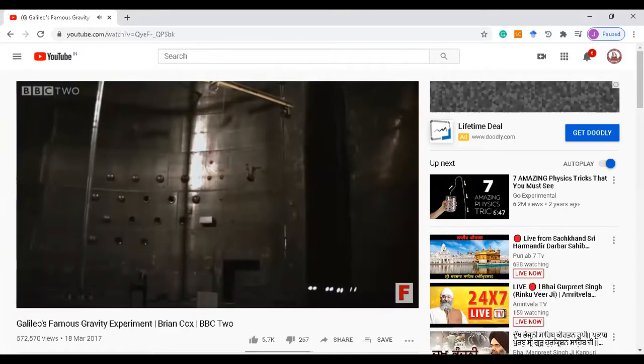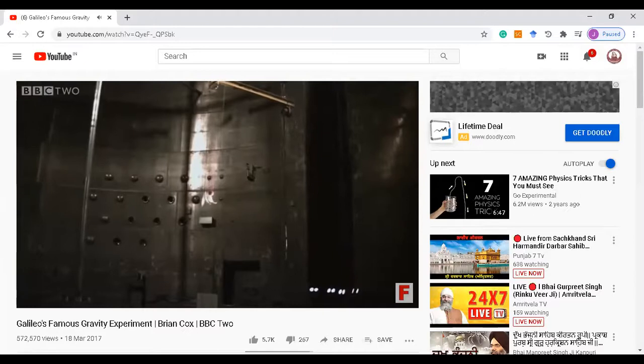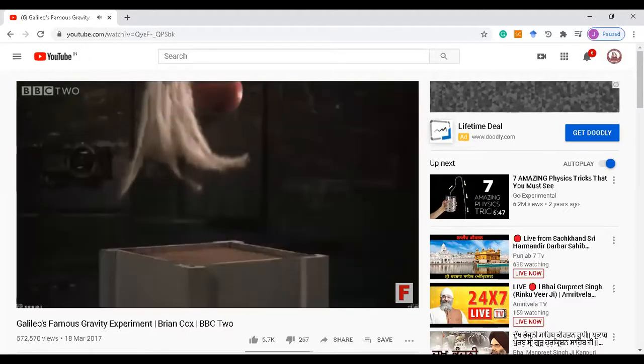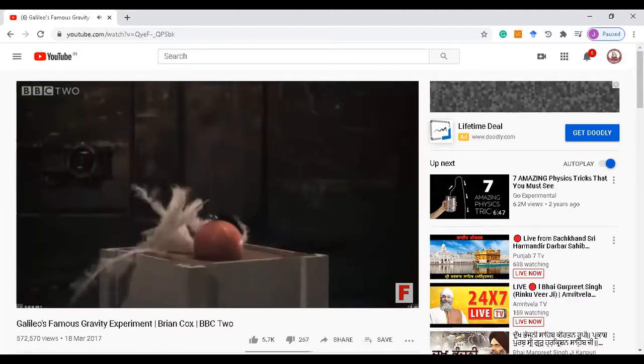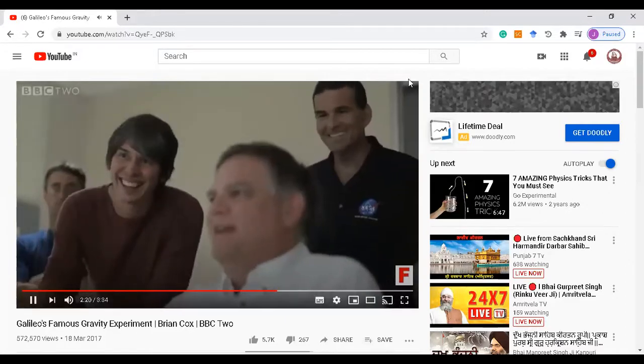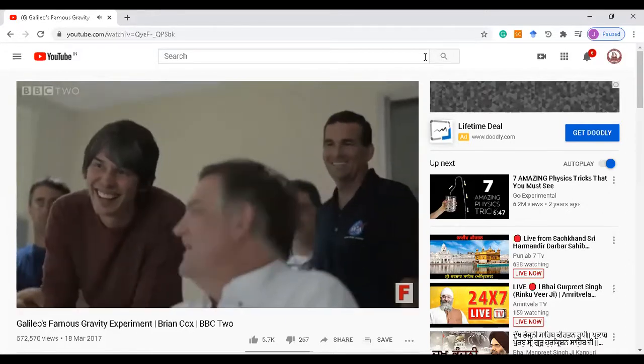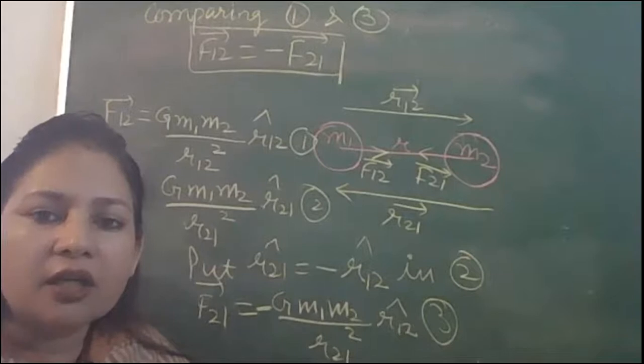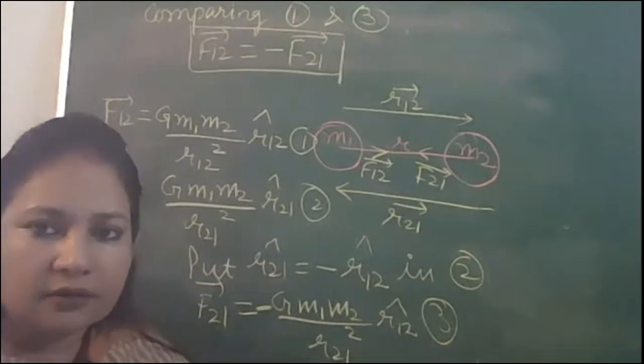This shows that acceleration due to gravity does not depend upon the mass of the falling object. Let us see. Yes, they fall simultaneously. Okay, so this was Galileo Galilei's experiment. In the same way he conducted it long back.